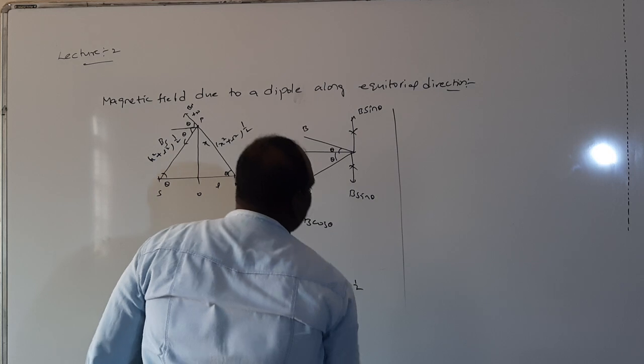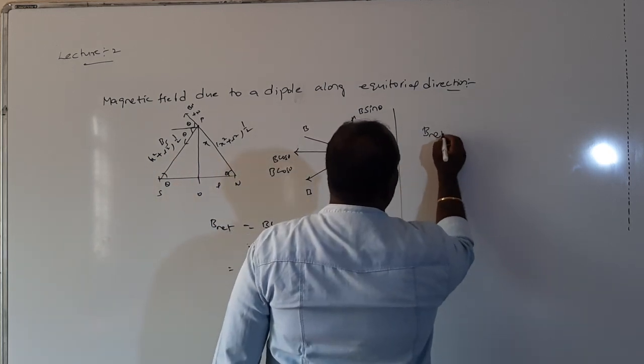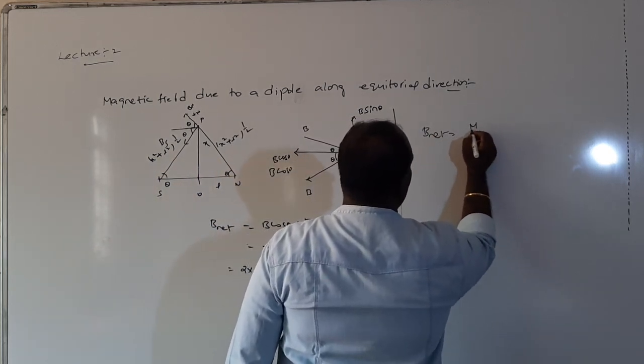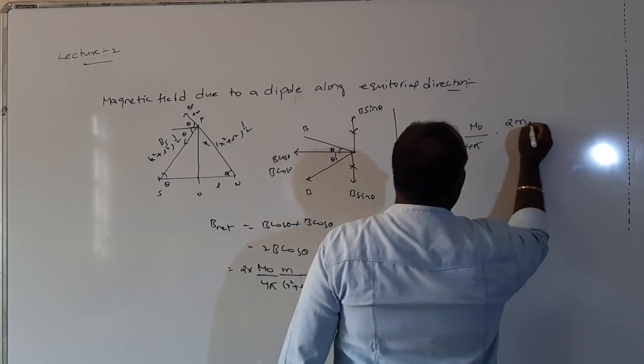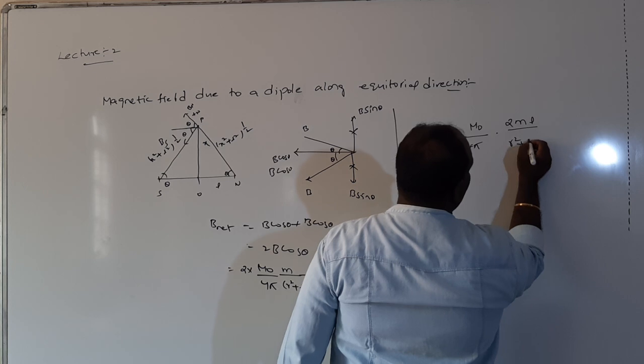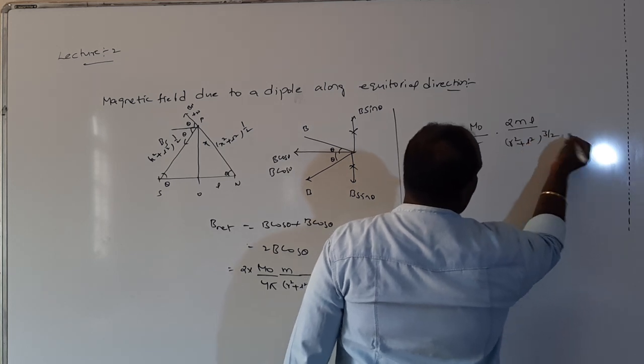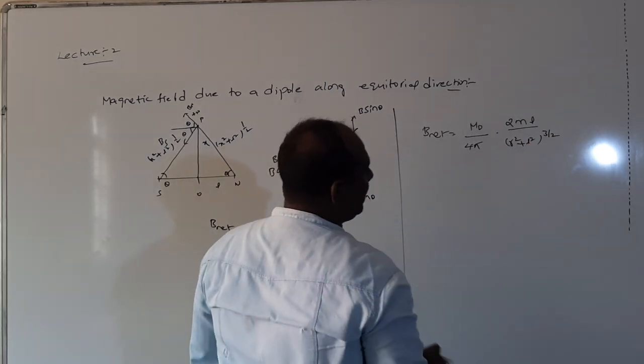Then finally, what we will get, sir, B net magnetic field is equal to mu naught by 4 pi constant, 2 mL divided by (r square plus L square) whole power 3 by 2.